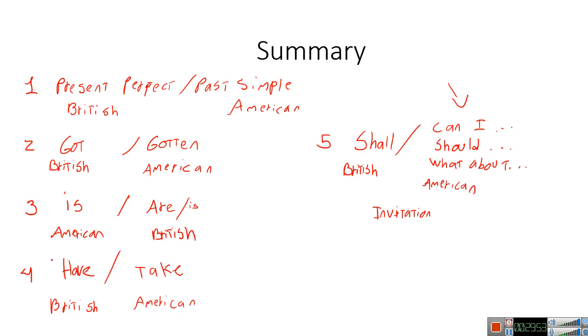Number 4 is have and take. We use have for British and take for American. And the last one, shall. I'm pretty sure it's the simplest of them all, because in British we always say shall, whereas in American we say can I, should I, what about, and so on.